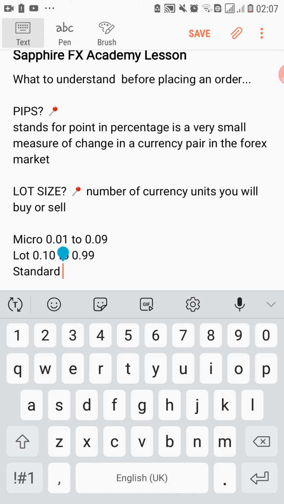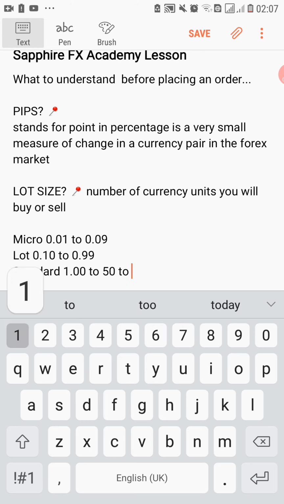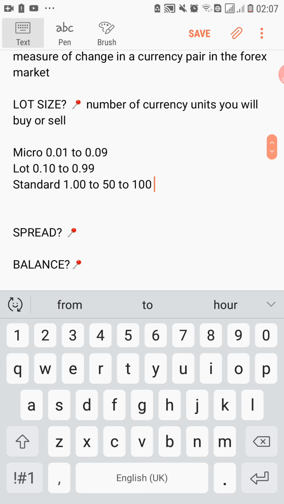Then a standard lot starts from 1.00 all the way up to, it can be 50, it can be 100. Sometimes it depends on the leverage that the broker gives. Okay, hope this makes sense.